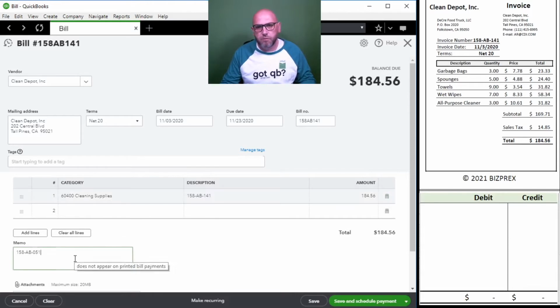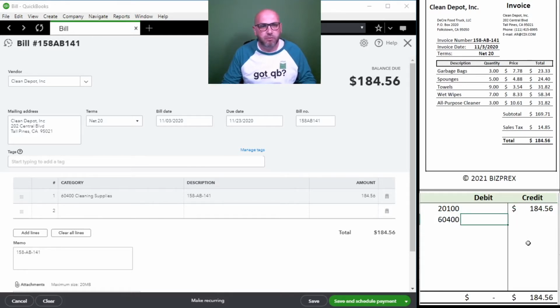Let's make sure we're reflected. Again, we're booking it into accounts payable, right? So what's going on? Our accounts payable, all right, is going up. It's a liability. Liabilities go up when credited. Okay, what else is happening? Well, our expenses going up. And they're going up right at this point only on accrual basis. Right? Once we pay it, it will go up on cash basis as well.